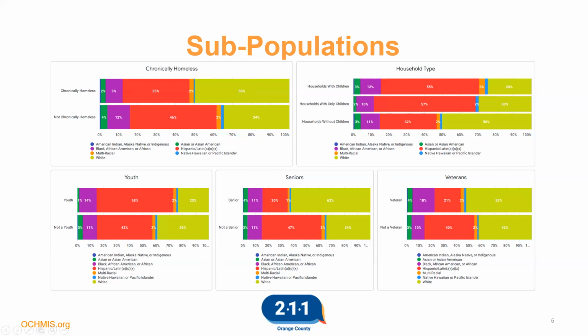We did get a question: how will the COC use the race and ethnicity data? So right now, this dashboard is for your use. It's for educational and analysis purposes for your own agency. Right now, we don't have a plan in place to do anything with this data other than provide you with education.